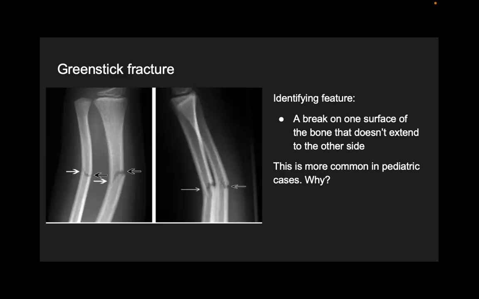Go for it. Shaft, like radial. So before we do all that, what body part are we looking at? Radial. So the forearm, right? So an AP and lateral view of a forearm. And then what do we see here?